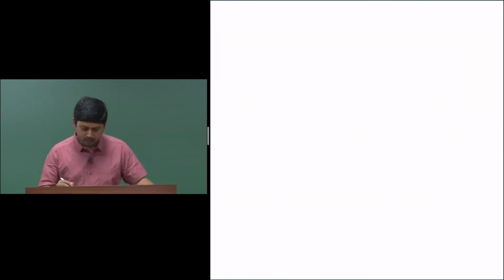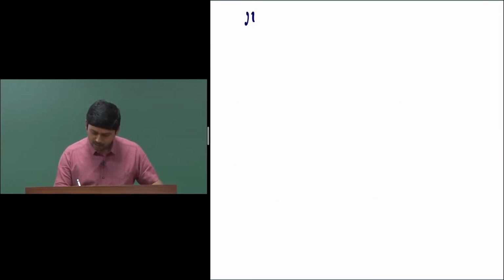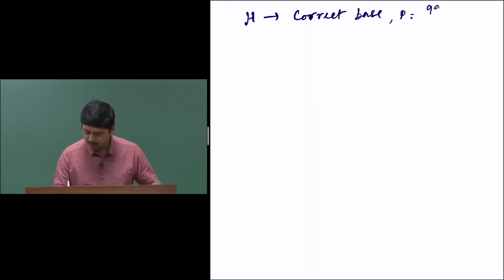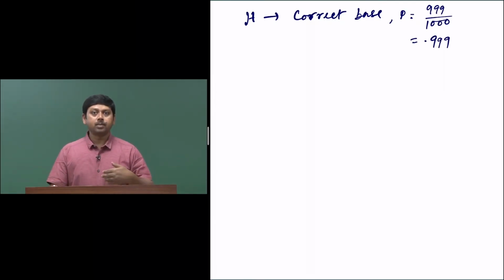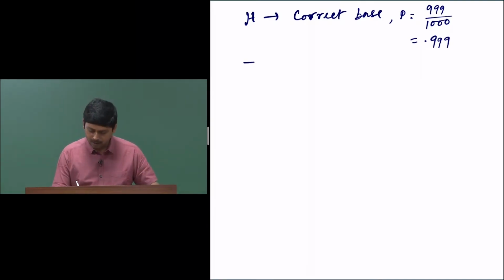Here, as you see, our head is equivalent to a correct base with a probability p of 999 by 1000, which is 0.999. So, out of 1000 bases, 999 are on average correct. Our tail corresponds to a mutated or incorrect base.